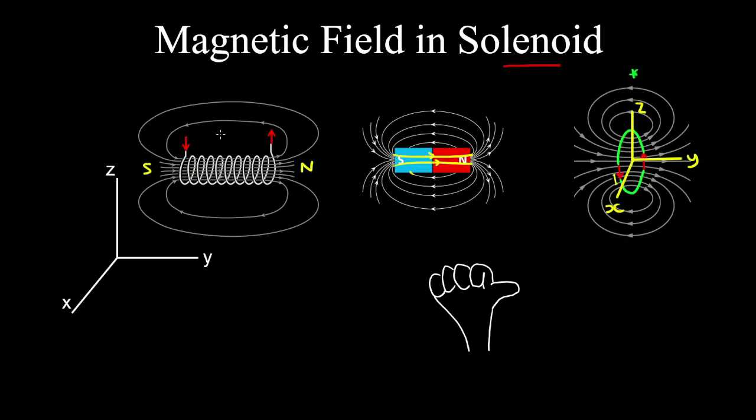And this is an electromagnet because it's created by current flowing through a wire. So here, we assume the solenoid to be very long, with a uniform magnetic field inside the solenoid and a negligible magnetic field outside the solenoid.